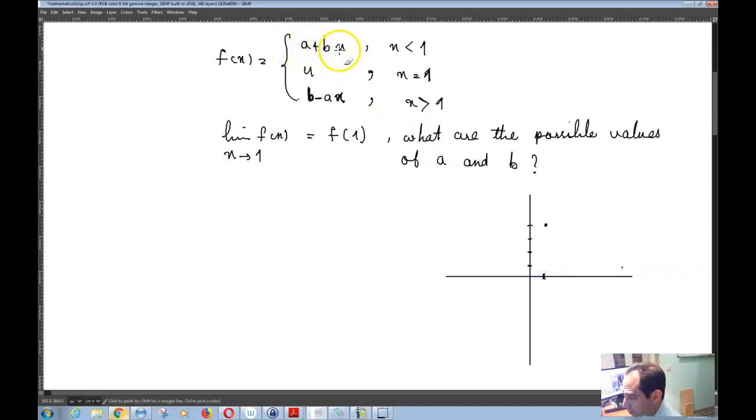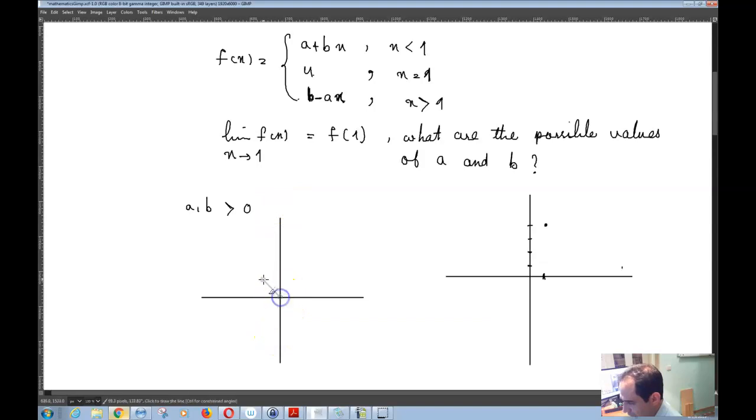Now, if I assume that a and b, for example, are positive values, then this is going to be some line with a positive slope. If you have a line like this, the slope of this line is 0, and the slope of this line is undefined.